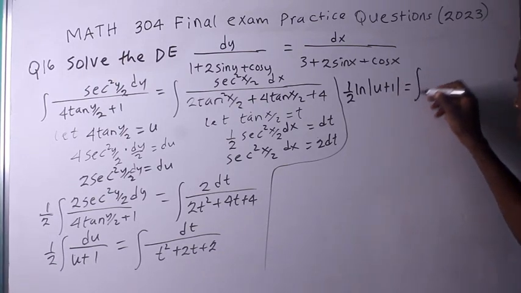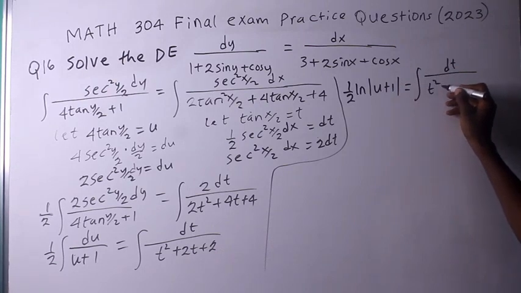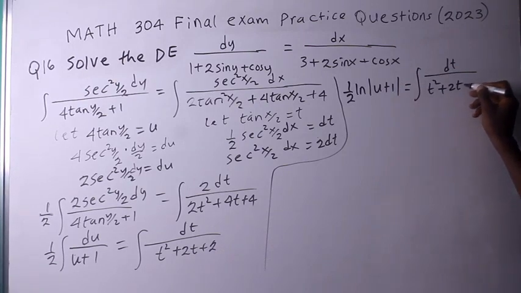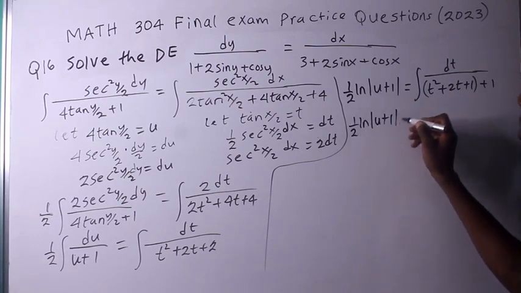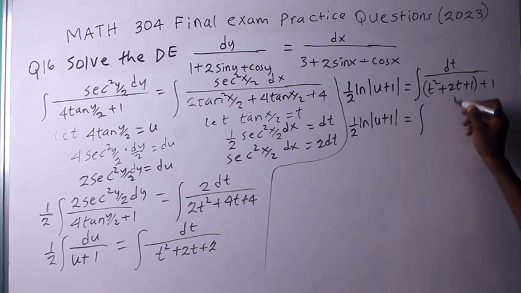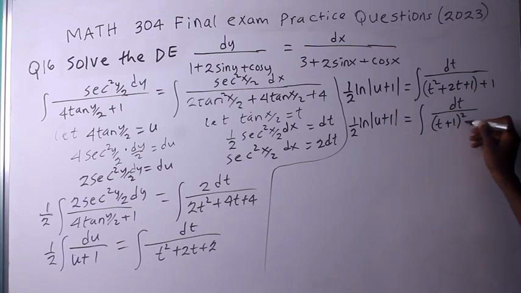So I'm going to have the integral of dt all divided by t square plus 2t plus 1, and I write a plus 1. So it's half the ln of u plus 1 equals the integral of dt over (t plus 1) squared plus 1.